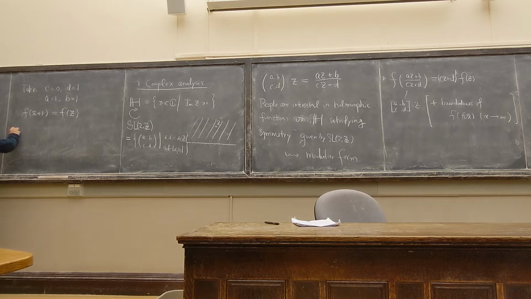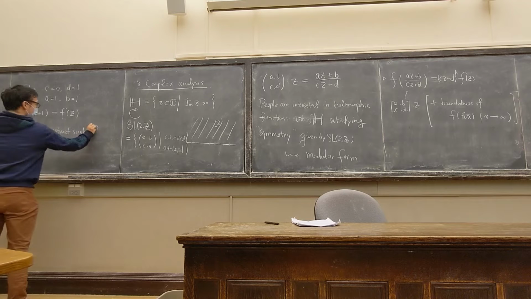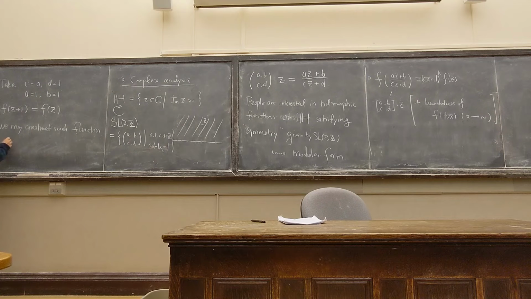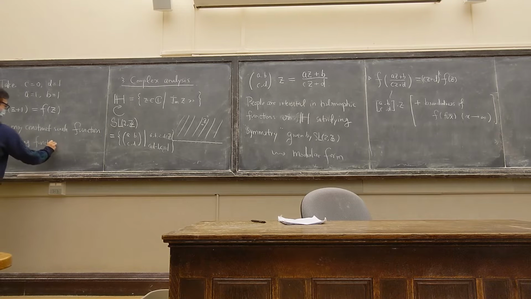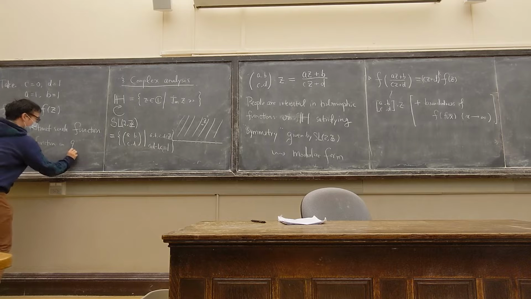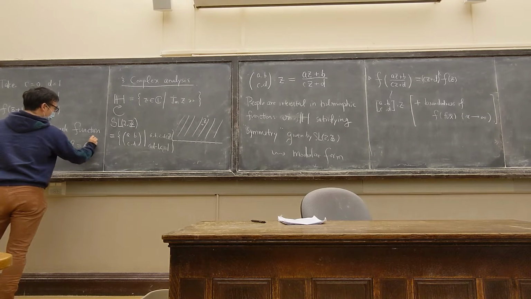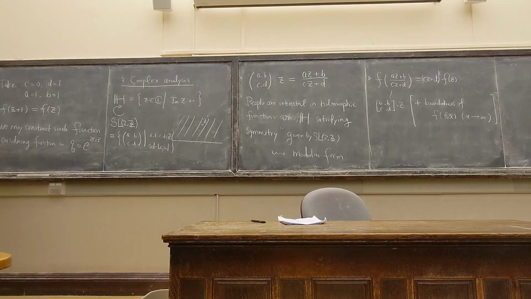So this suggests that we may construct such holomorphic functions by considering functions in the variable q, where q is equal to e to the 2 pi i z.